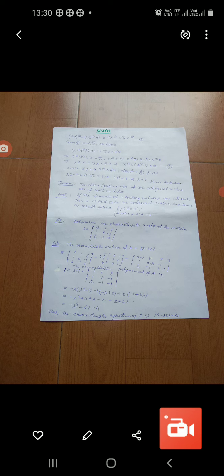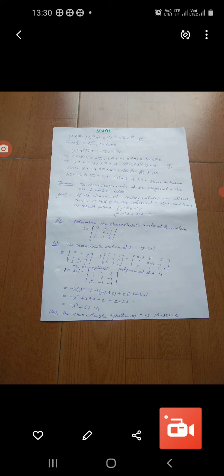Similarly, then we have the determinant with first row minus λ 1 2, second row 1 minus λ minus 1, and third row 2 minus 1 minus λ.